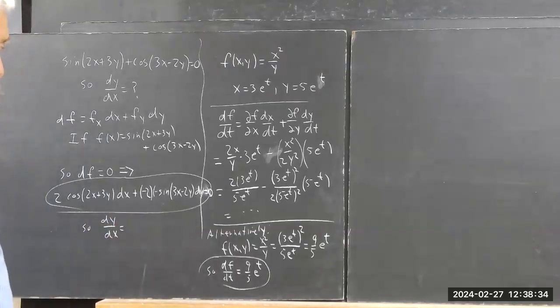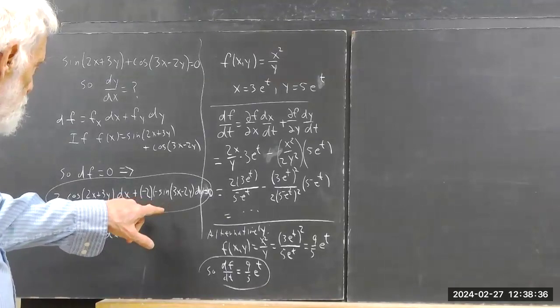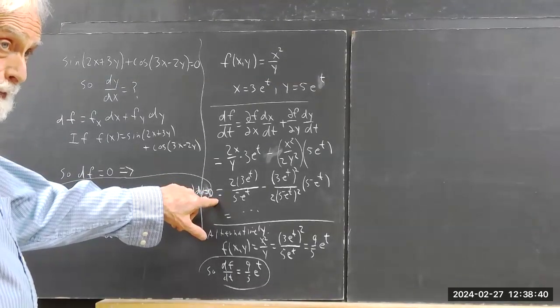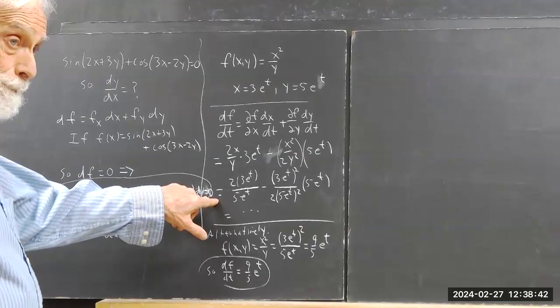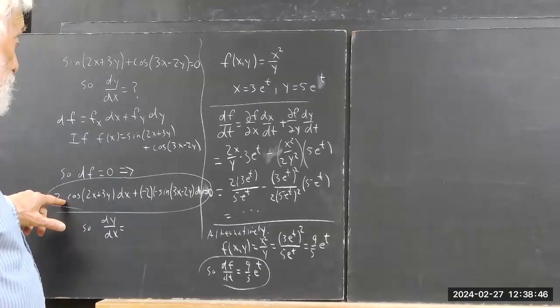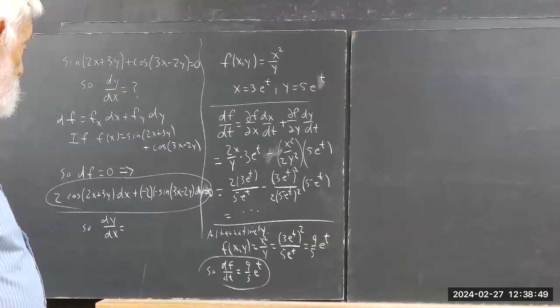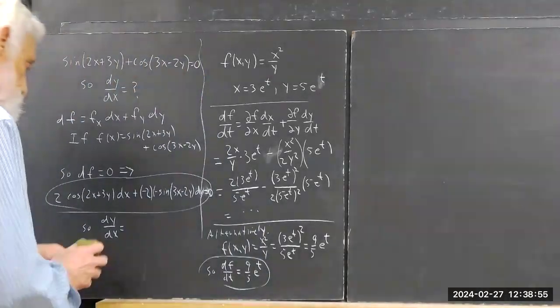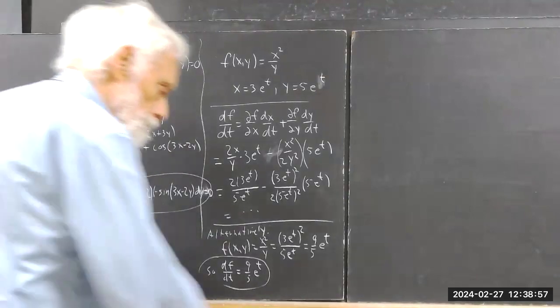Now I'm going to skip a simple algebra step. We just add this to both sides. And then we divide both sides by this. Maybe I should do the intermediate step.